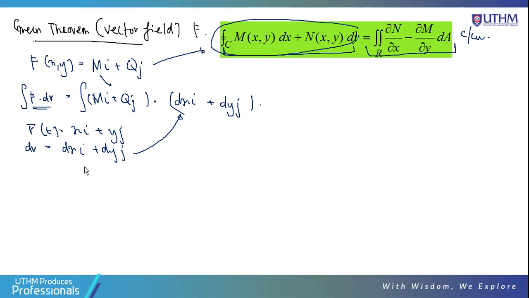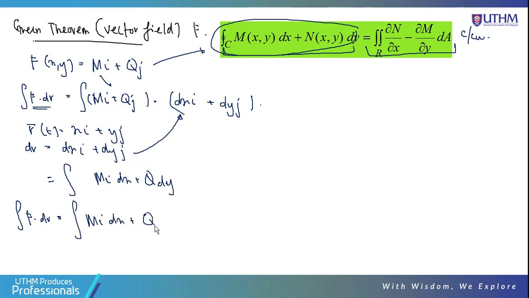So you dot kan. So when you dot kan, you akan dapat M dx plus Q dy. Okay, so this one dah buktikan bahawa for vector field dr, so you akan dapat bentuk dalam M dx plus Q dy.